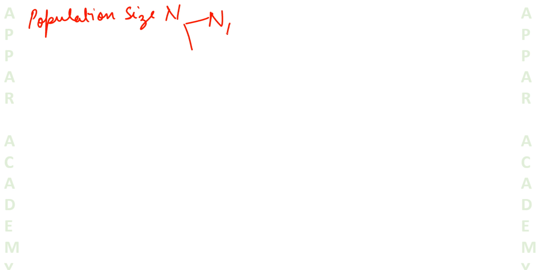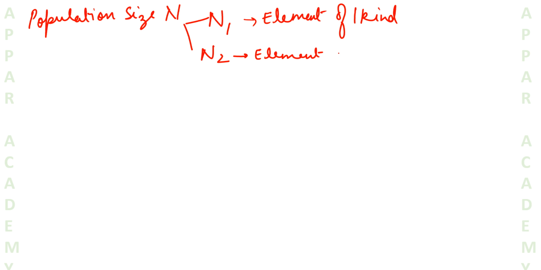One is n1, our number of first type of elements, and n2 is the number of second kind of elements, right? We can also talk about this in terms of balls. One is blue ball and one is red ball.